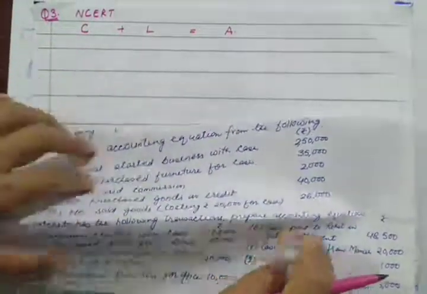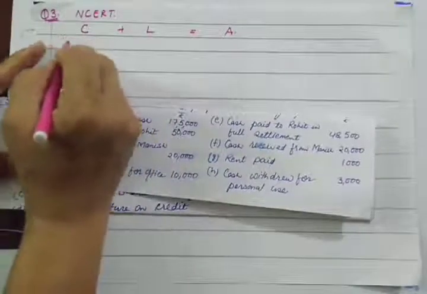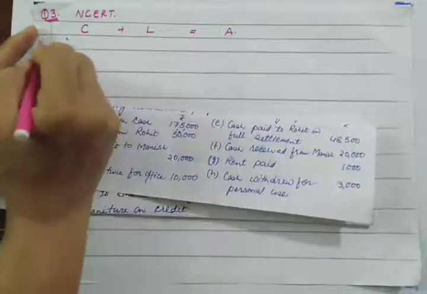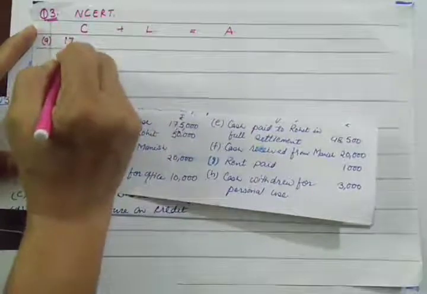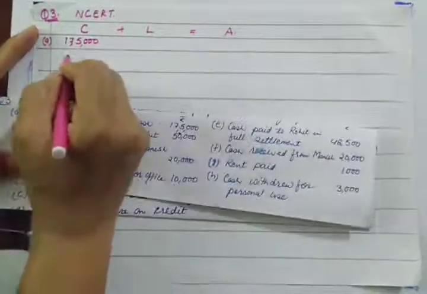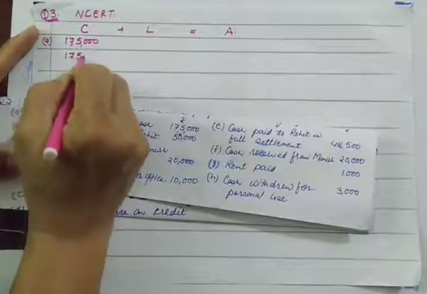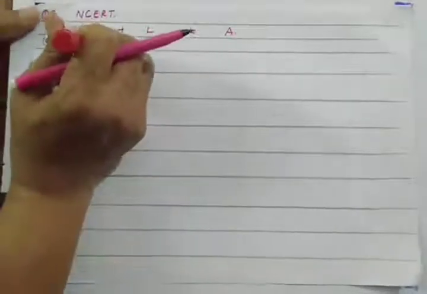So let us start. First of all, business started with cash 1,75,000. So here transaction number A, 175. You need to write this 175 here because you have to leave a space here for writing the variety of assets.